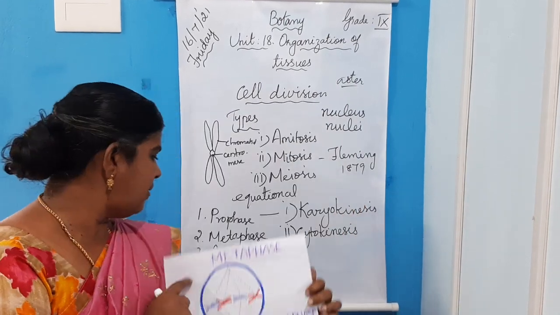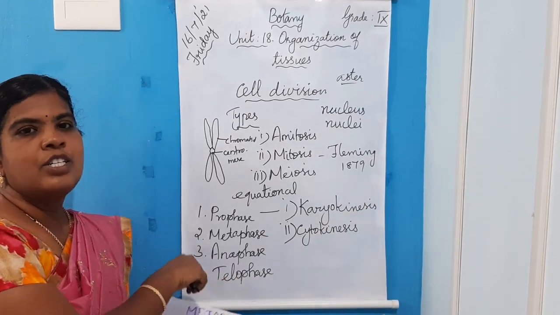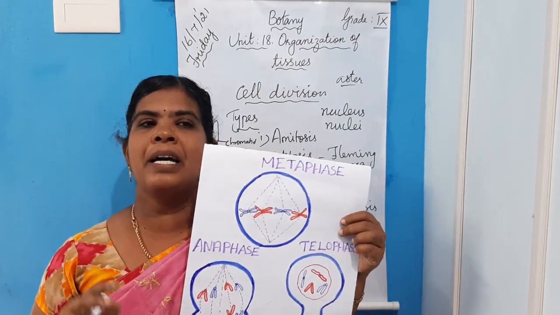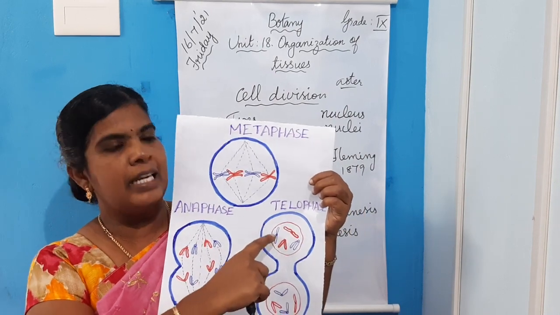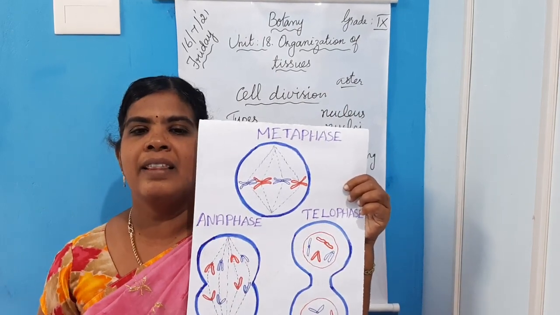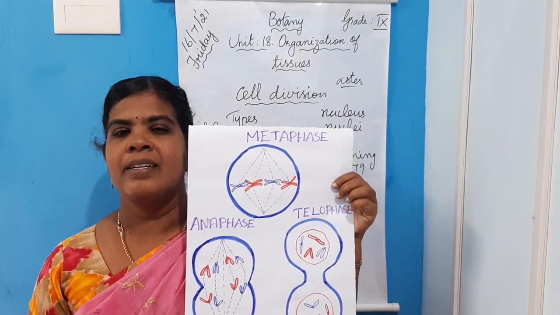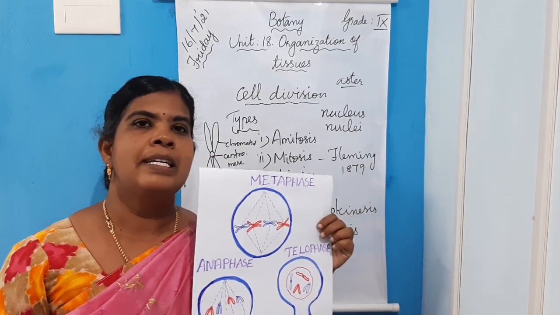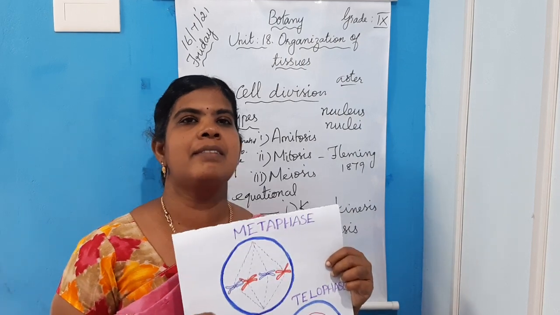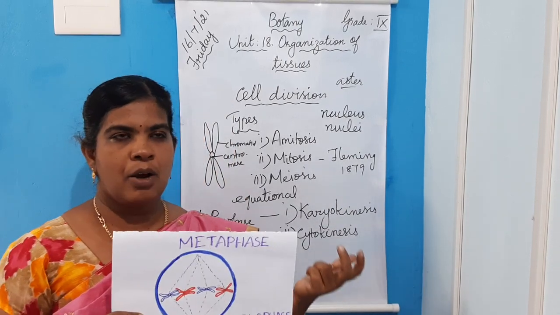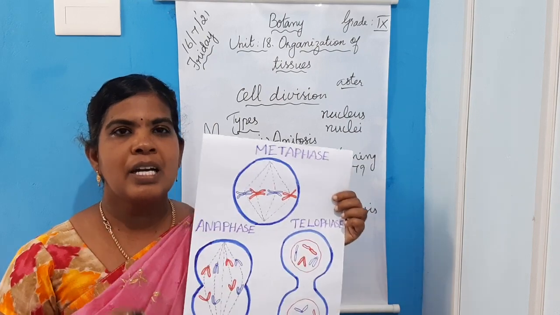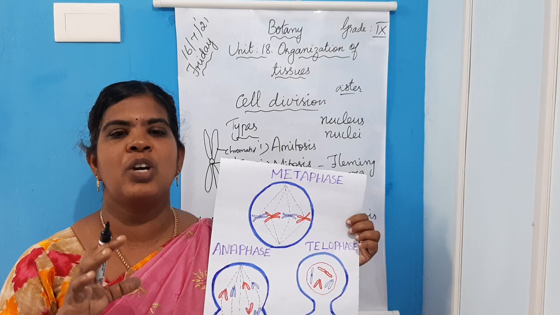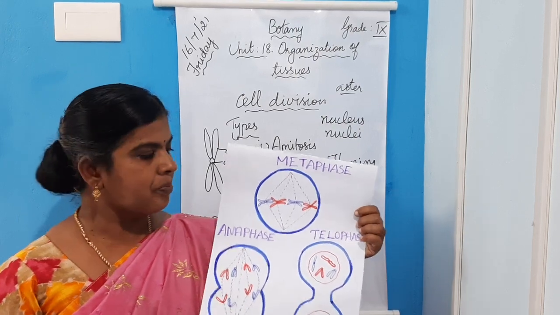Then what is the next phase? It is telophase. Telo means end. During telophase, each chromatid lengthens, becomes thinner, and turns into a network of chromatin threads. At this time the nuclear membrane and nucleolus reappear in each daughter cell.